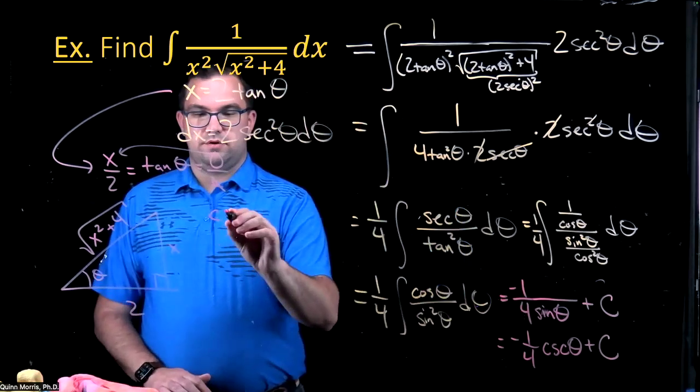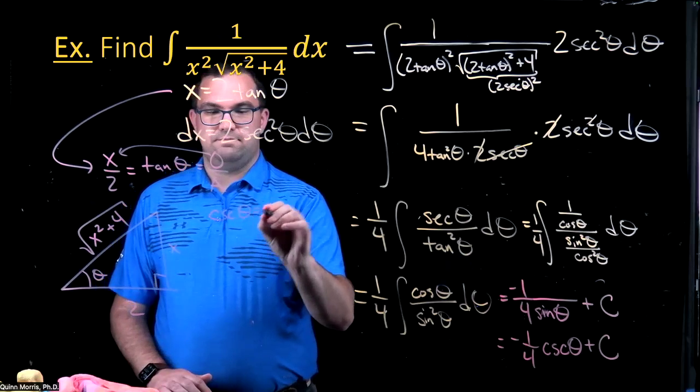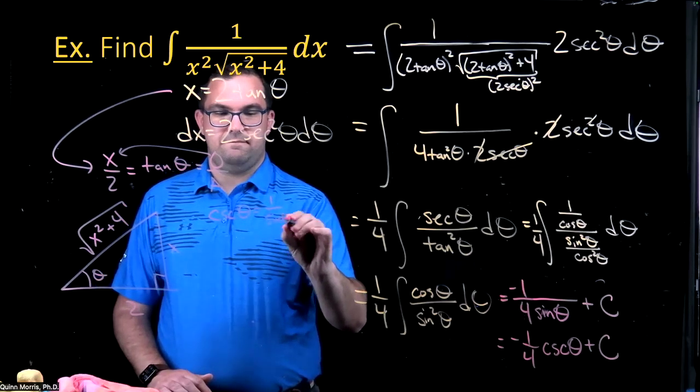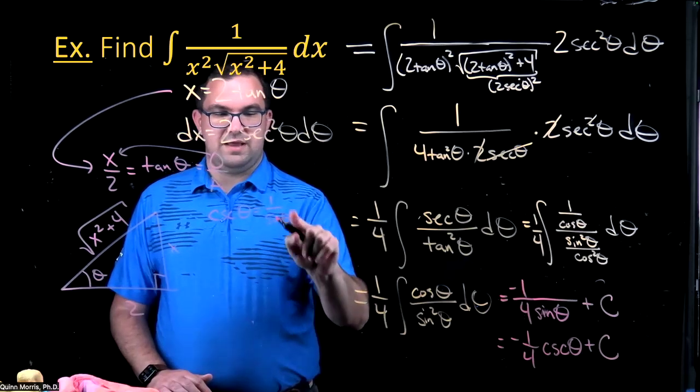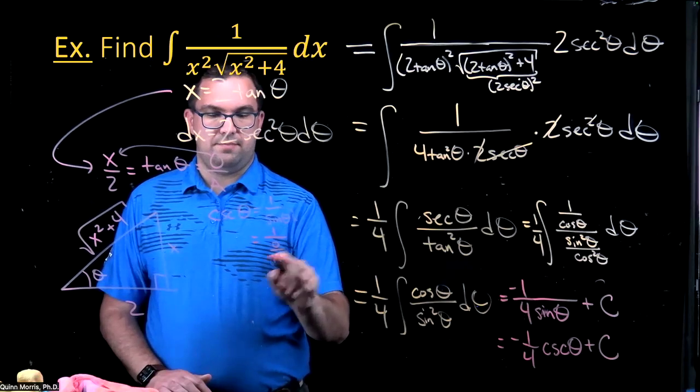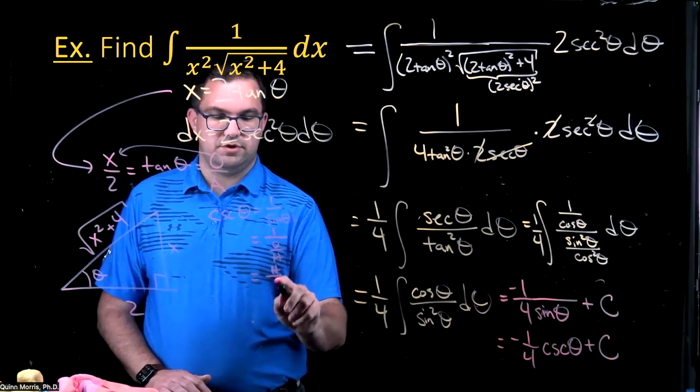And now I want cosecant of theta. That's 1 over sine of theta. So that's equal to 1 over opposite over hypotenuse, or hypotenuse over opposite.